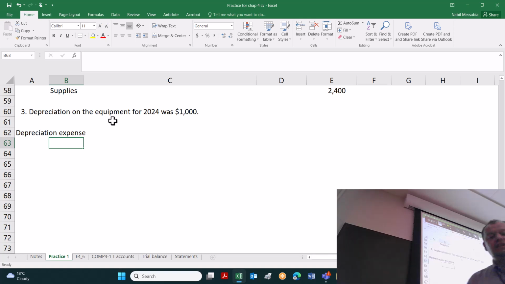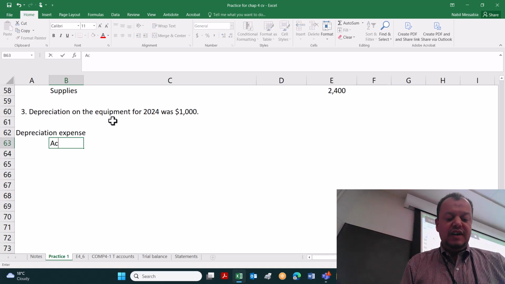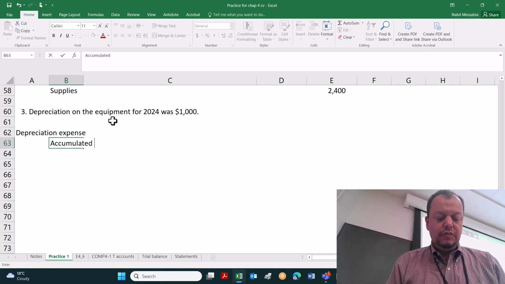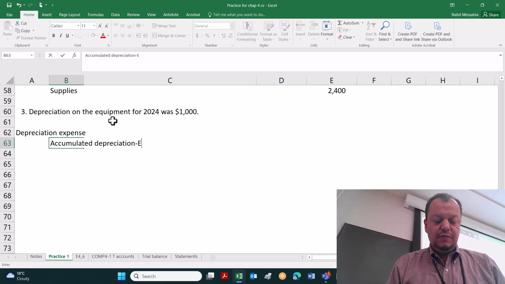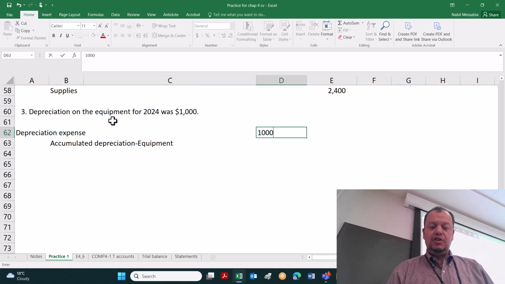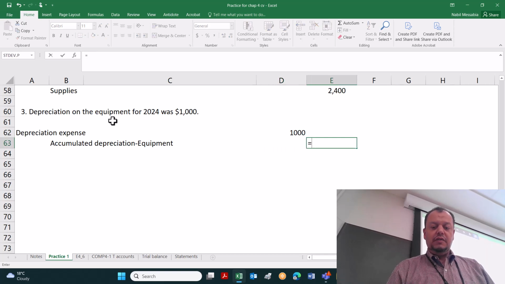So the account here is accumulated depreciation of the equipment. And the amount is given to us, no calculation to do, already given.